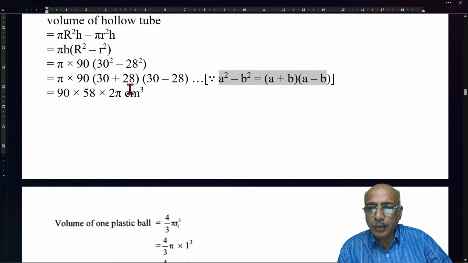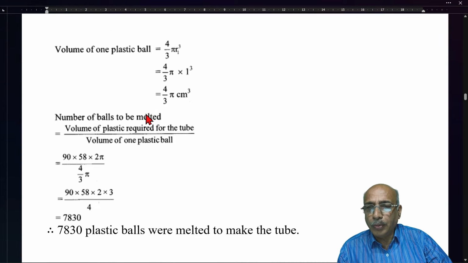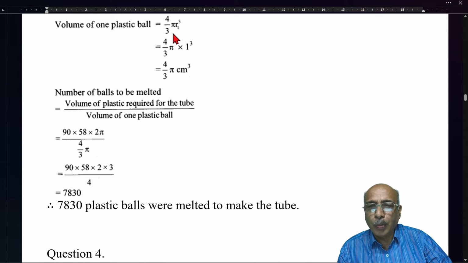Therefore 30 plus 28 equals 58 and 30 minus 28 equals 2. 90 is from here, pi is from here. Next, volume of one plastic ball equals 4 by 3 pi small r1 cube equals 4 by 3 pi.